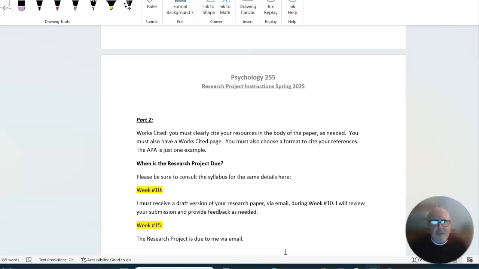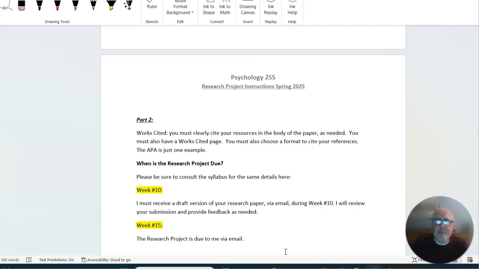Did you talk to someone? Did you go to a conference where some of this was discussed? Any number of things, but I want to know what the foundation of what you're talking about is, like where you're getting your information from. So you have to do a works cited page.